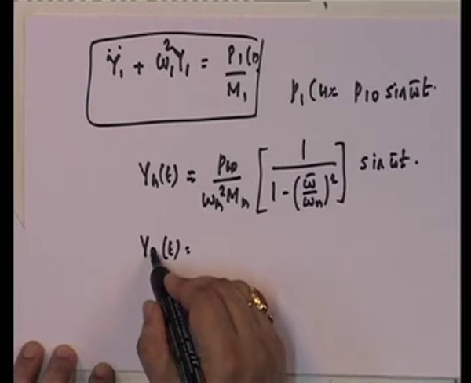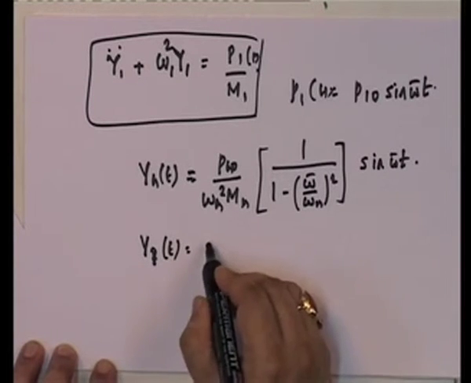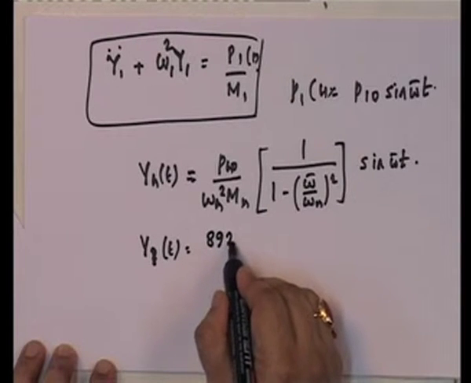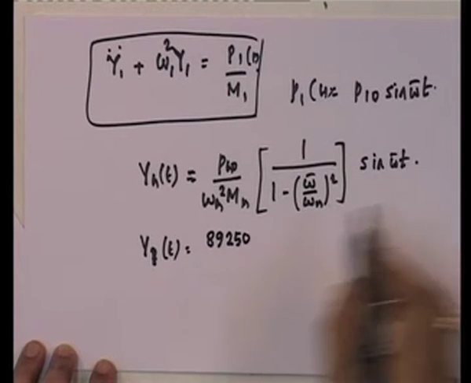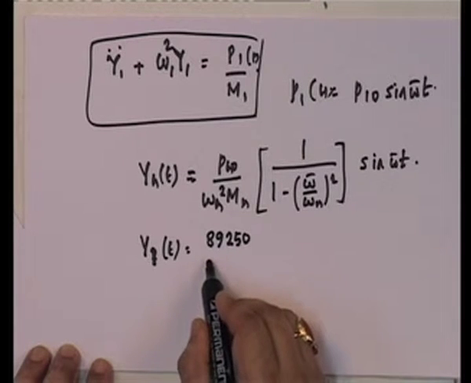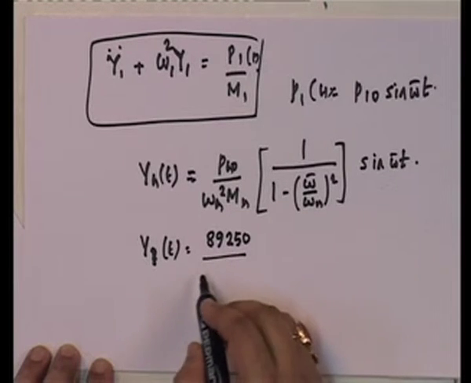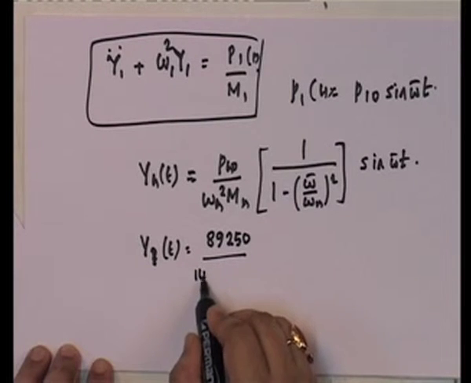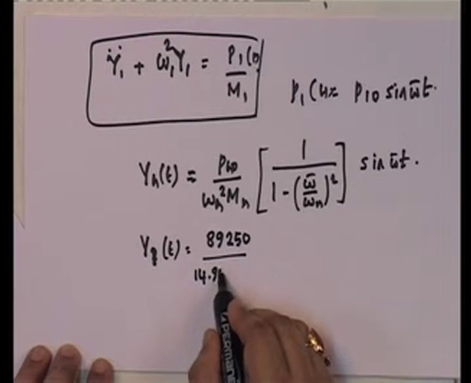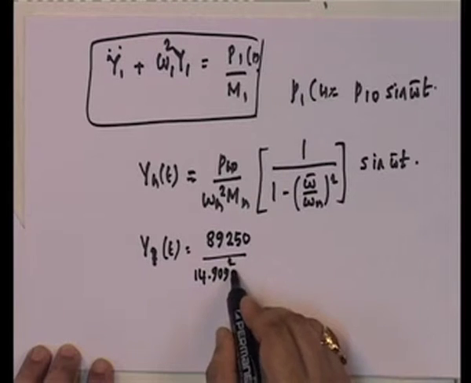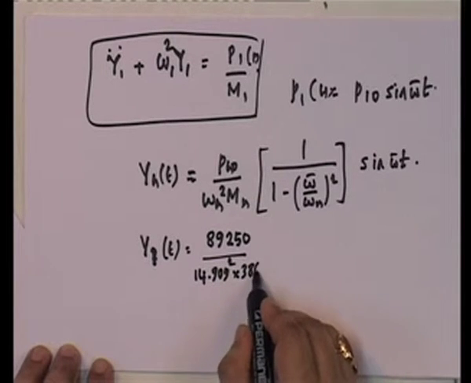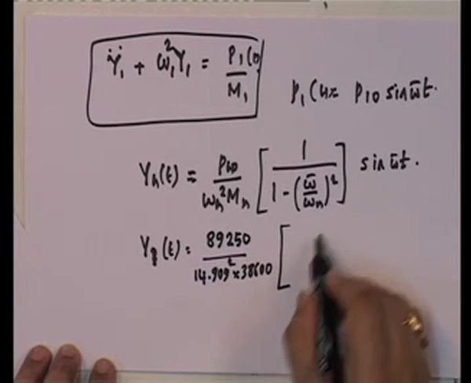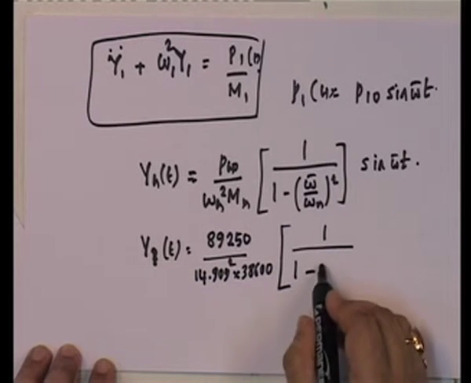So, if that is the solution, then y1 is equal to P1, which is 8. I am now going to put it in newtons, because newtons and kgs go together. So you have into omega n squared, that is 14.90 into 38.60, all upon 1 minus.